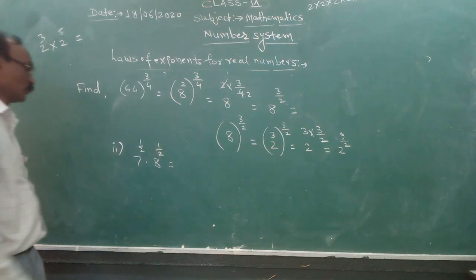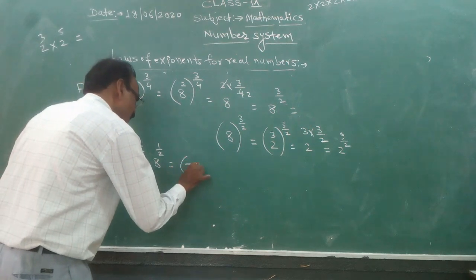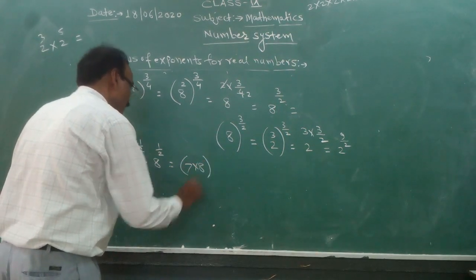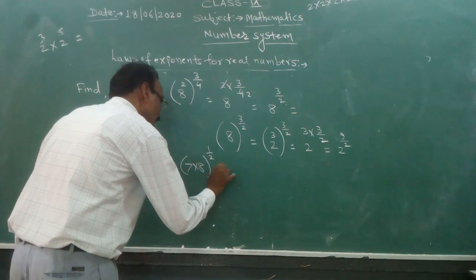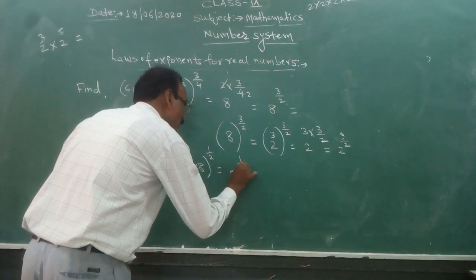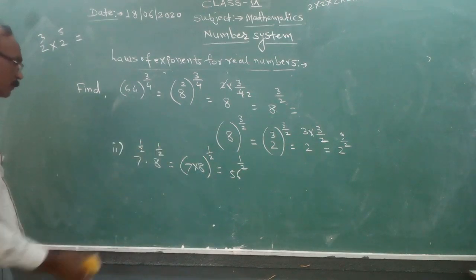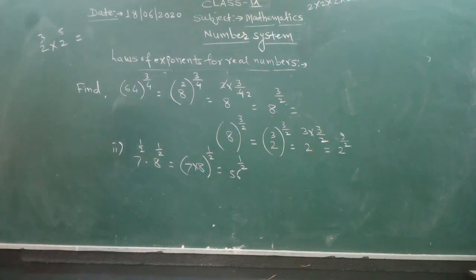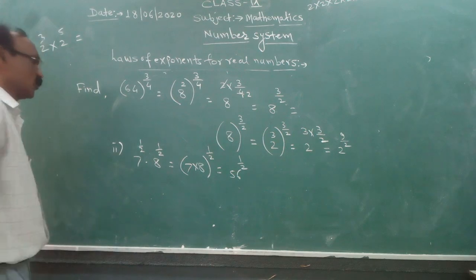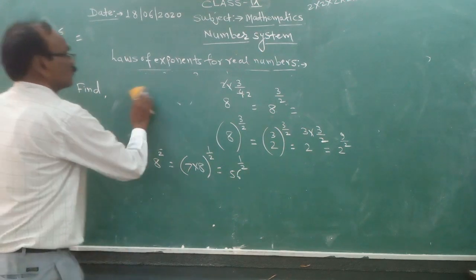Fourth law. So it is 7 into 8 raised to the power 1 by 2. That is 56 raised to the power 1 by 2, आंसर हो जाएगा इसका। पावर सेम है तो पावर बाहर ले लो और यहाँ पे बेसिस का प्रोडक्ट करना है। तो 56 raised to the power 1 by 2.